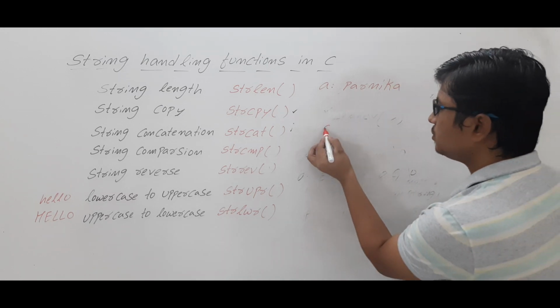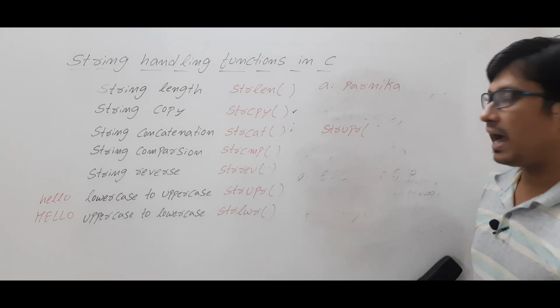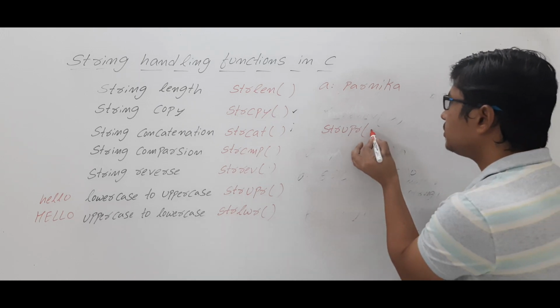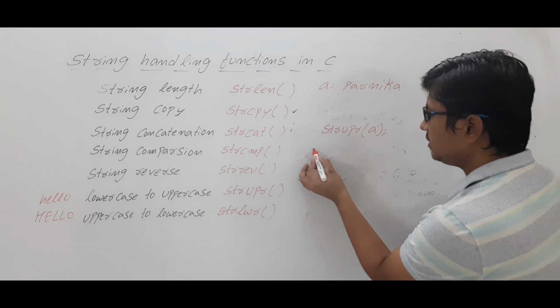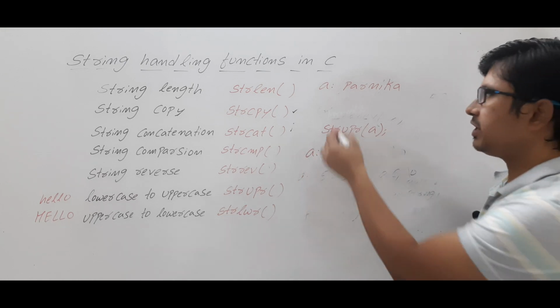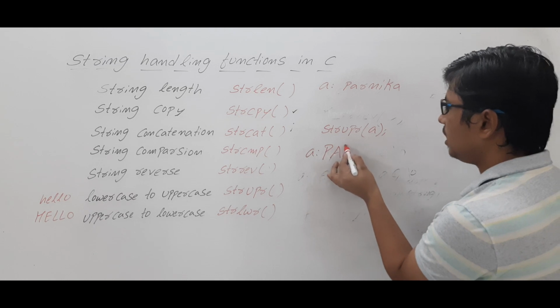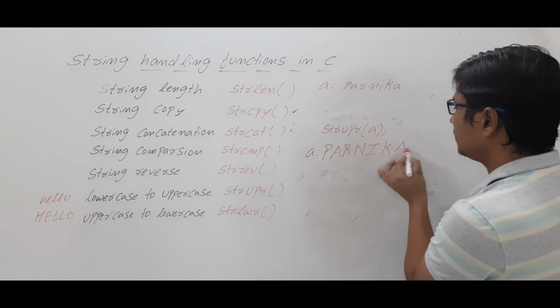Then I can use this function called strupr. I can give the string directly, or I can give the name of the array also. If you use it on the array A, in place of small p it will make a capital P, A, R, N, I, K, A.